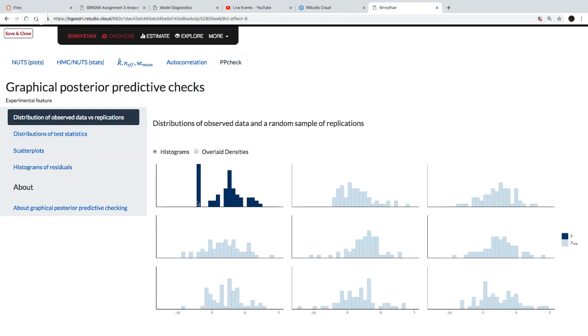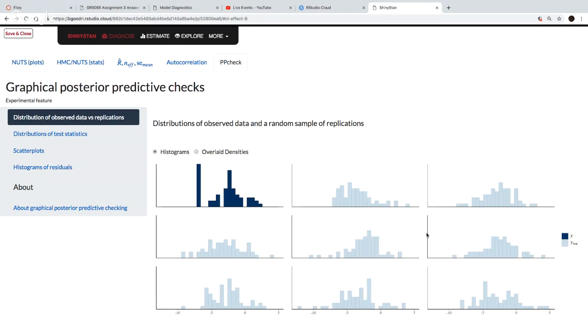In the dark blue here, we see a histogram of the actual data on the logarithm of the black market premium in various countries in like the 1990s. And then here we see 8 sets of realizations from the posterior predictive distribution as to what it thinks, under the model, the marginal distribution of the outcome should look like.